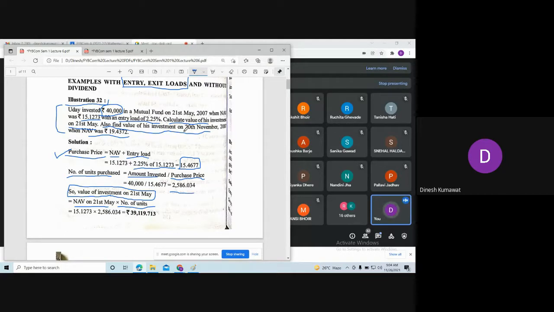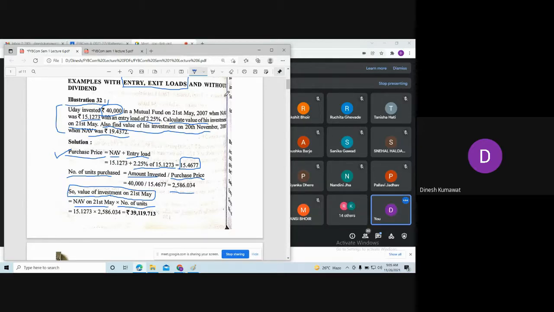So, observe, do we have any exit load in the problem? No, sir. Okay. So we need not bother about exit load because that is not mentioned in our problem.